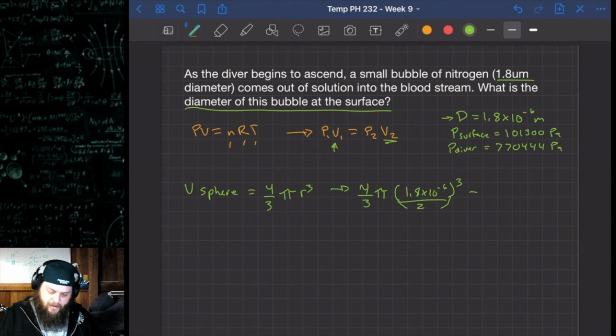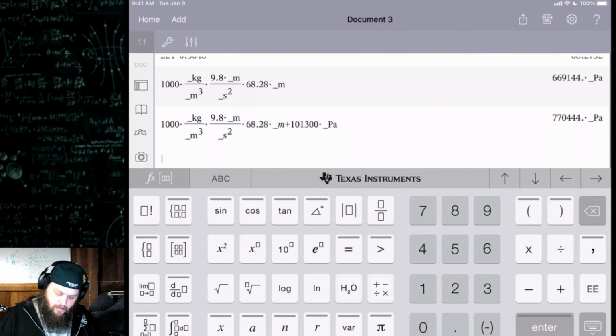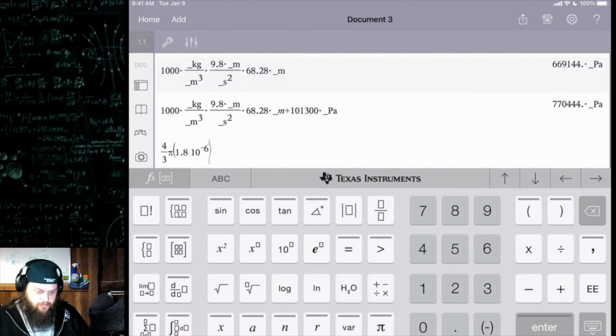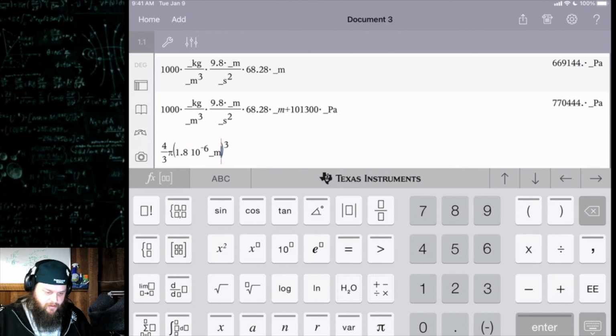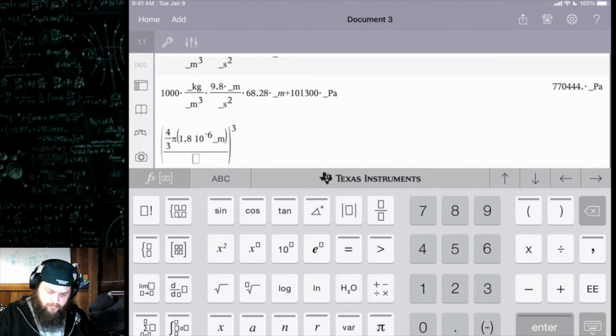And let's find out what that is real quick. So that's 4/3 pi times 1.8 times 10 to the negative 6 meters. And we're going to cube it. Oh, first we got to divide it by 2. There we are.